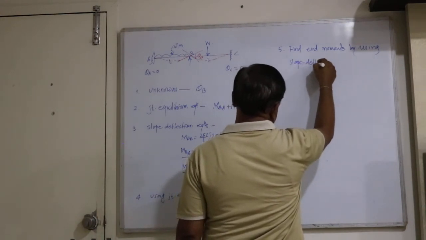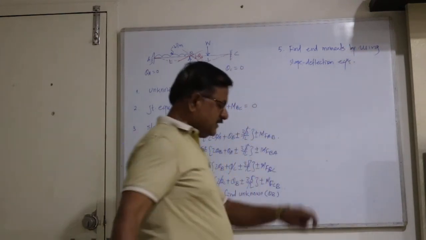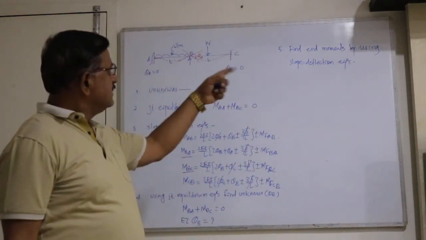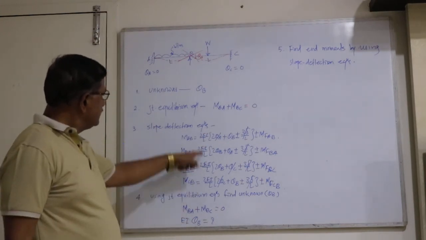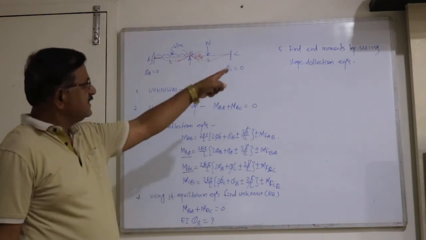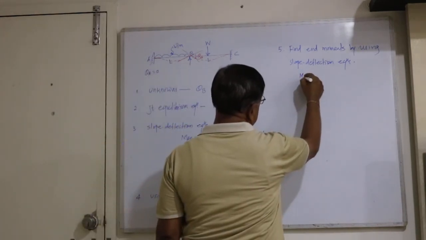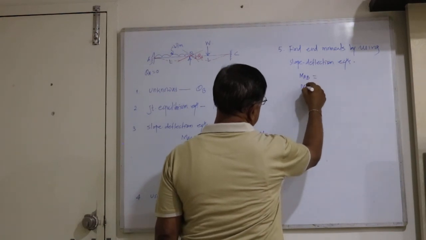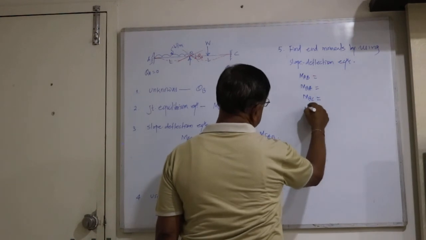You substitute theta B in the slope deflection equations and find out the final moments: MAB, MBA, MBC and MCB.